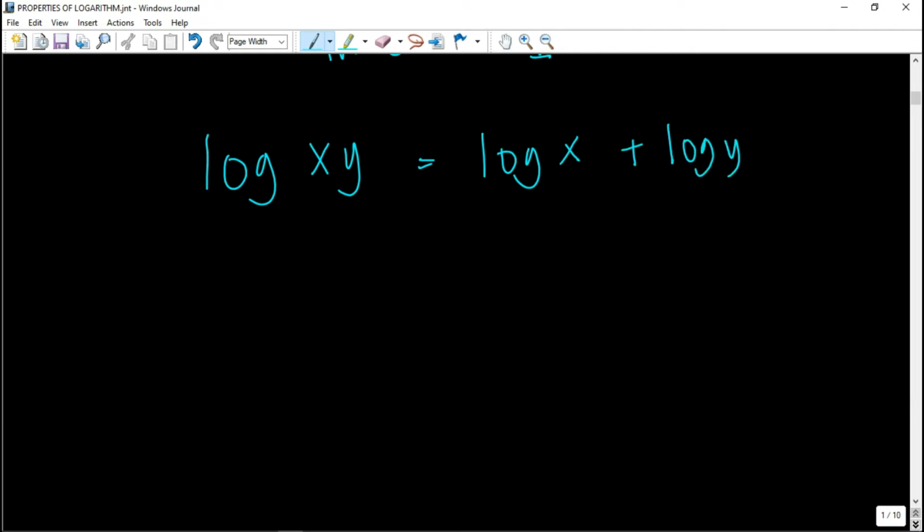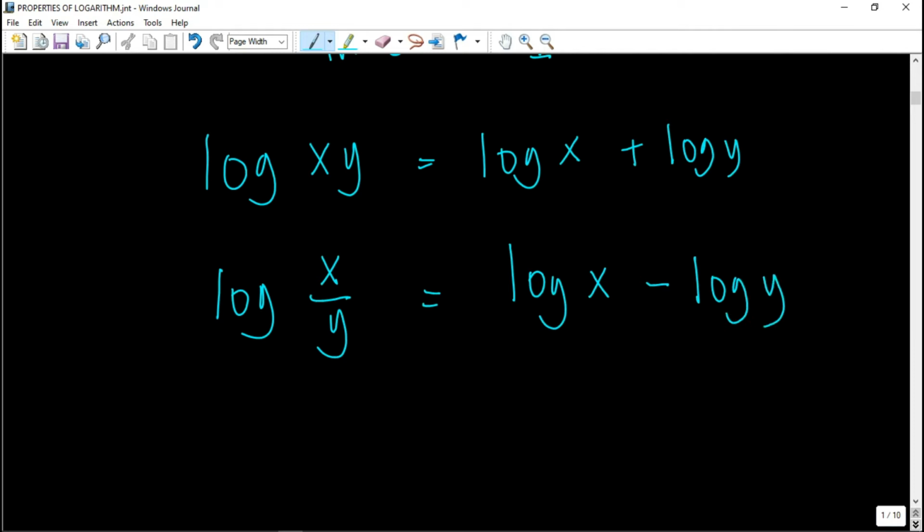So log xy is equal to the logarithm of x plus logarithm of y.